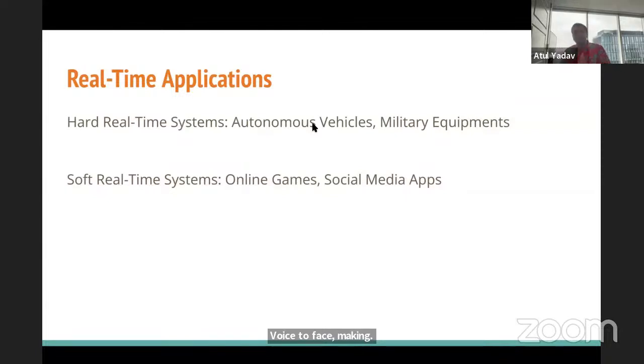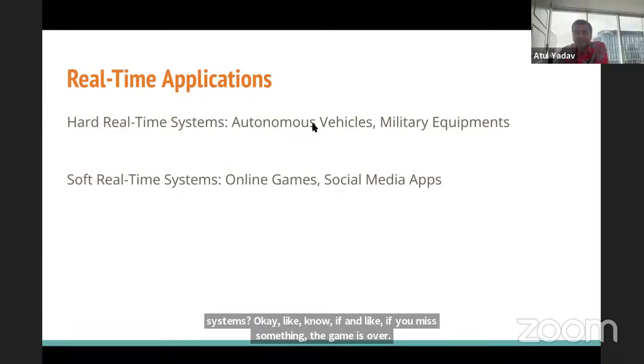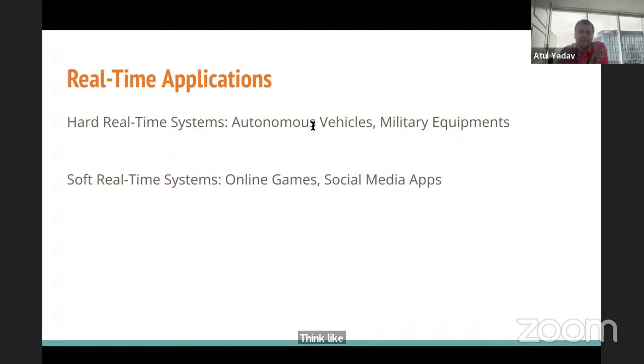So do you think these are hard real-time systems? Okay, like no ifs and buts here, right? Like if you miss something, the game is over. Do you think face detection, smartwatch come under this category? Opening and closing doors, game over in that.